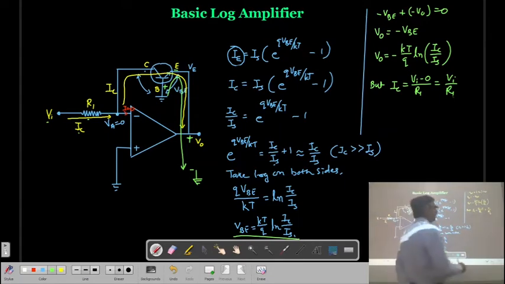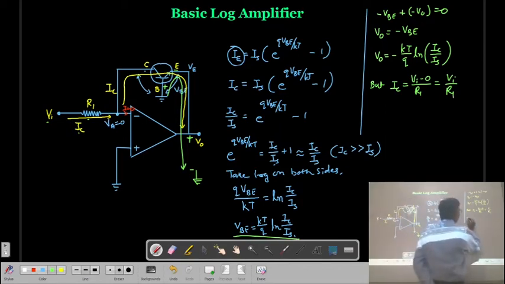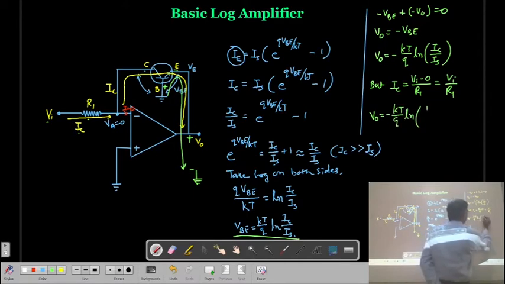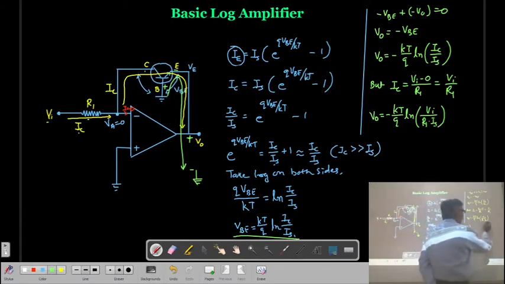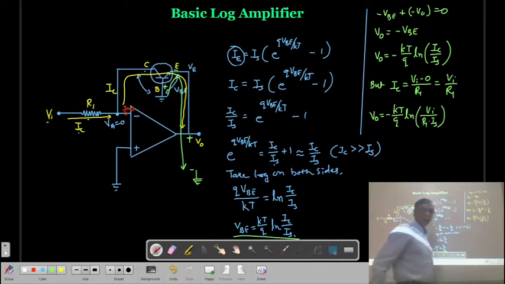And here we can write that output voltage is equal to minus KT by Q ln of Vi by R1 into IS. Here in the denominator, that is saturation current multiplied by R1.